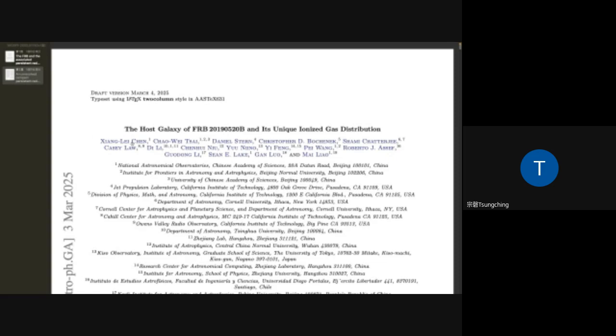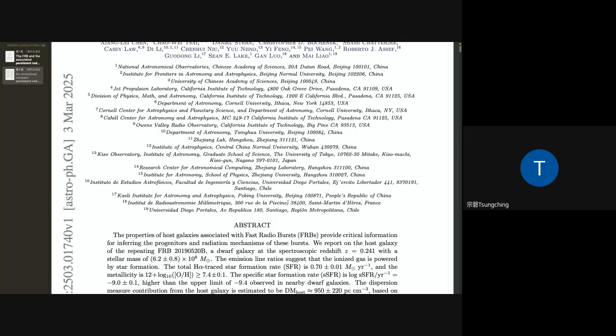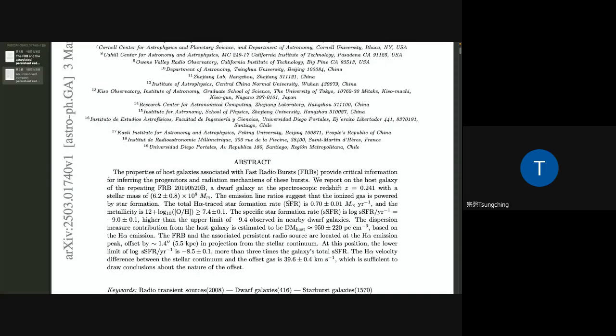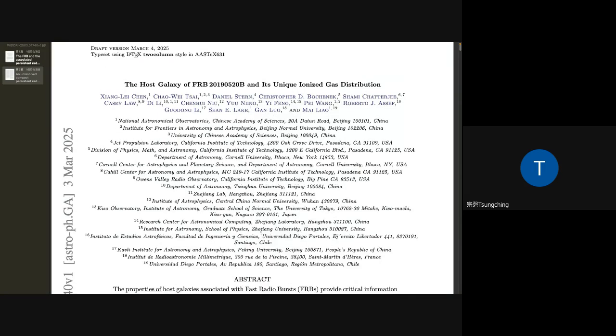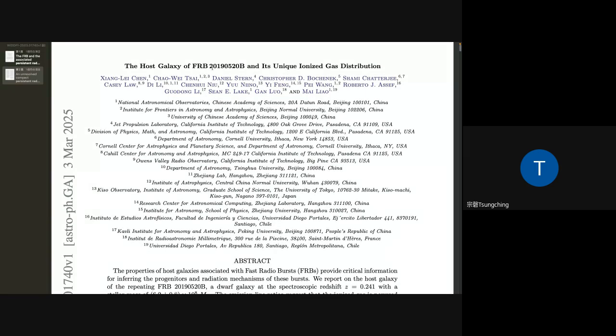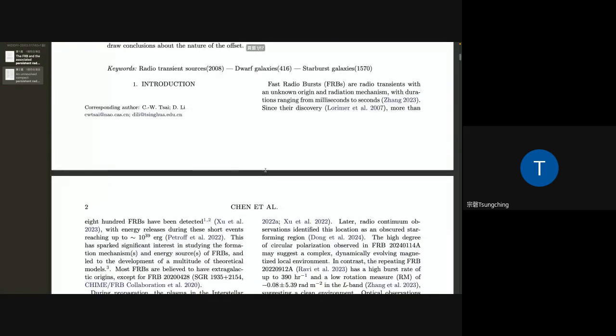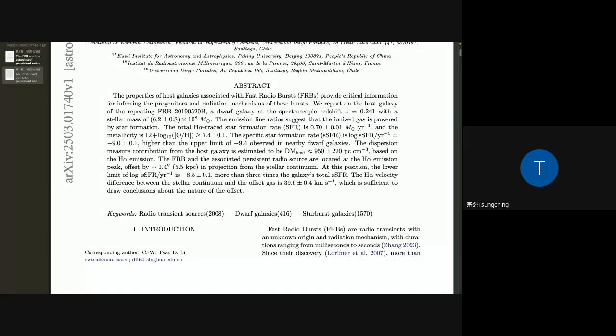So I present this paper. Although I already presented it two weeks ago, some questions came from the discussion part and I didn't look at the details, so today I want to update something else for this paper. Let me summarize what is new. They do research on the active repeating FRB 190520B, and all the observations use public data.